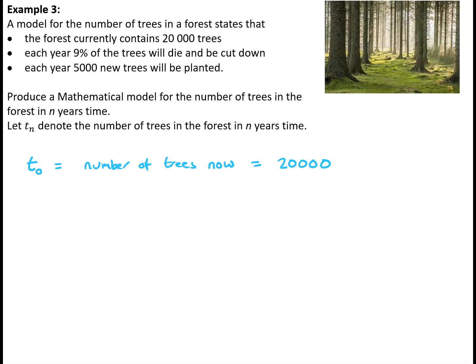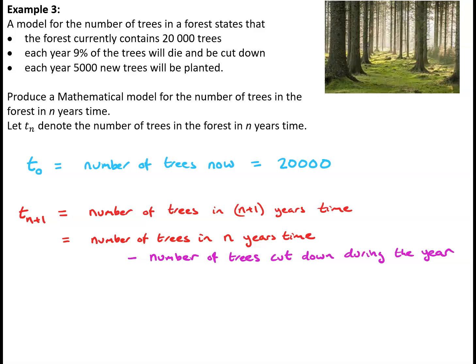So we've got T0, which is the number of trees now, is 20,000. Tn plus 1 is going to be the number of trees in n plus 1 years' time, which is going to be the number of trees in n years' time minus the number of trees cut down during the year, plus the number of trees planted during the year.